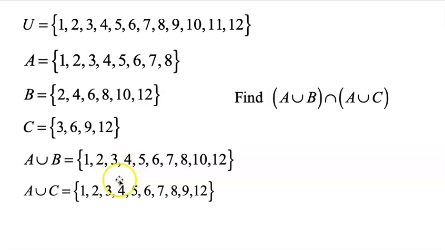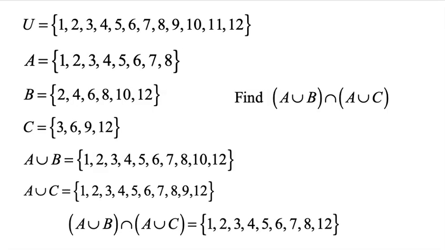So it looks like we have 1, 2, 3, 4, 5, 6, 7, 8, followed by 12. That's the intersection of these two sets. So you're looking at two sets at a time, A union B, A union C. Find the items that are common to both.